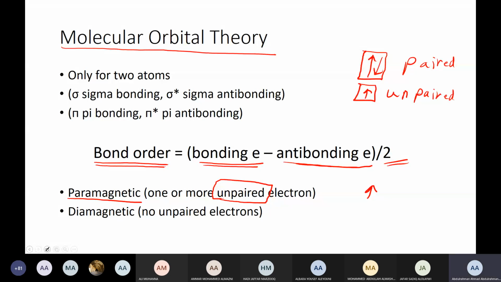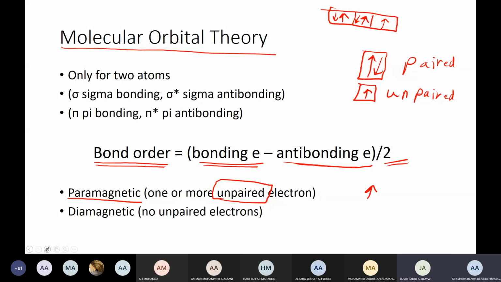If I have a box like this, how many electrons in this shape? So 2. How many unpaired do I have in this shape? 3. How many unpaired electrons do I have in this shape? 2. How many unpaired electrons do I have in this shape? 1.